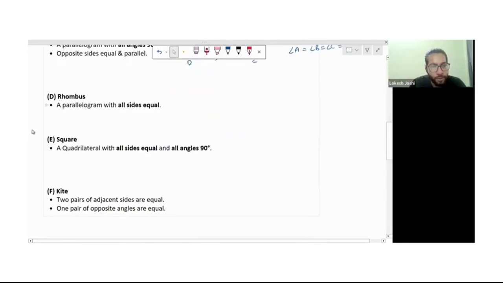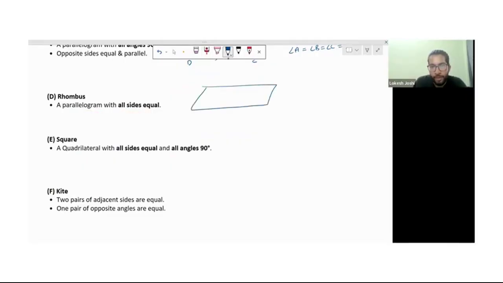Now the next one is rhombus. We can define a rhombus as a parallelogram with all sides equal. First of all, let me make a parallelogram. But if we shrink this one and it looks like that, in which all sides are equal, which means this one, this one, this one, and this one, then we can say it's a rhombus.